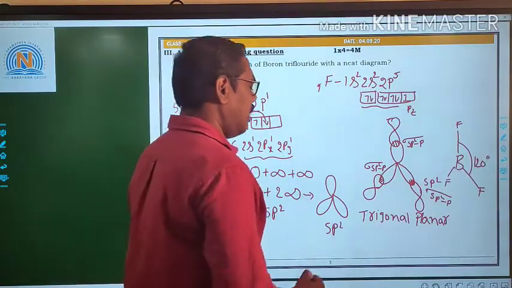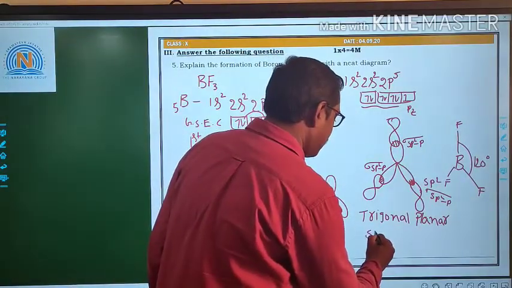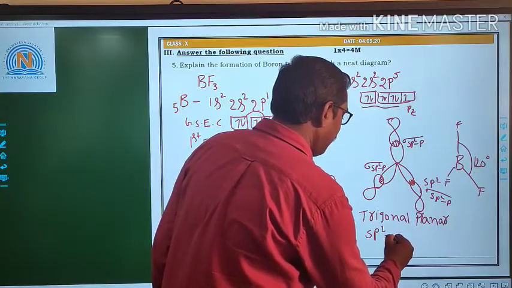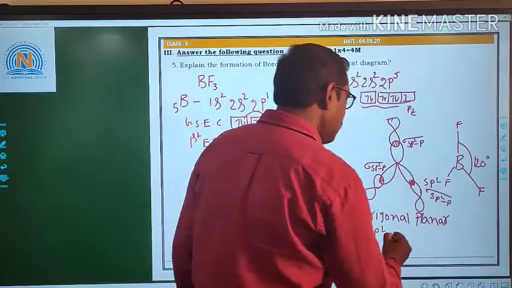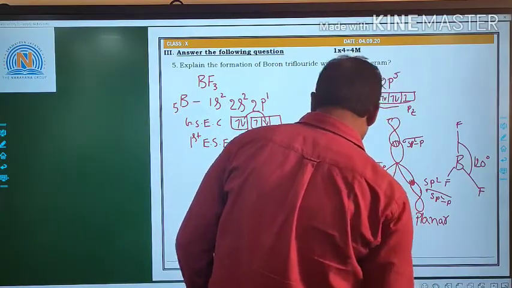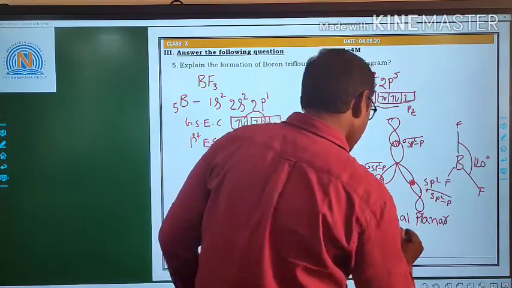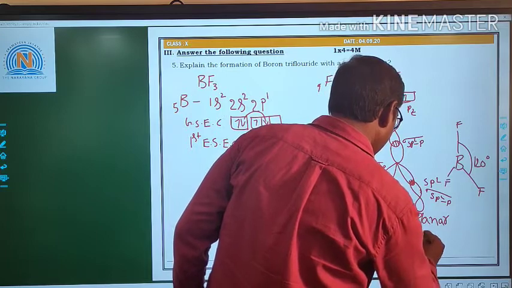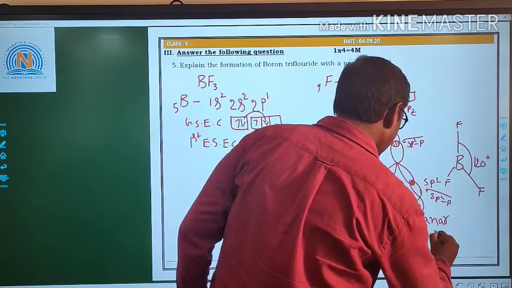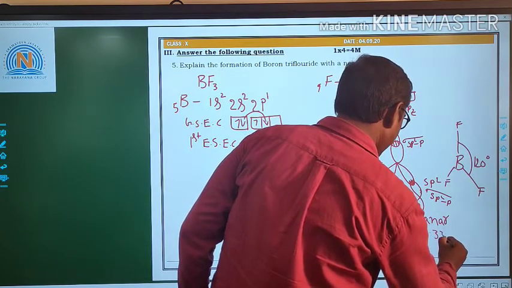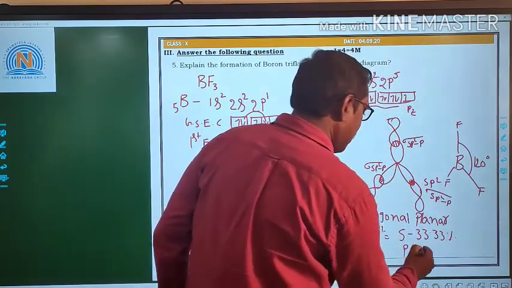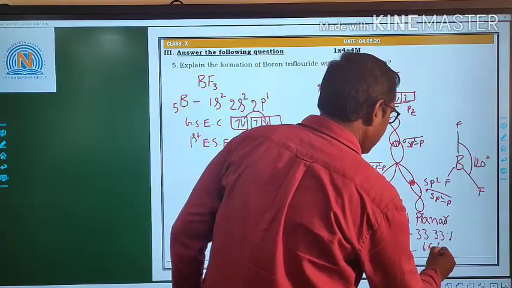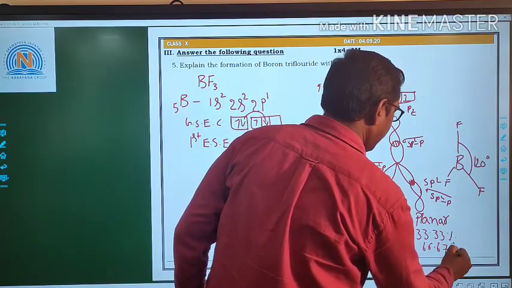And here s character and p character. In sp2 hybridization there are a total of 3 orbitals, so the s character is 100 by 3, which is 33.33%. The p character, here two p orbitals are there, is 66.67%.